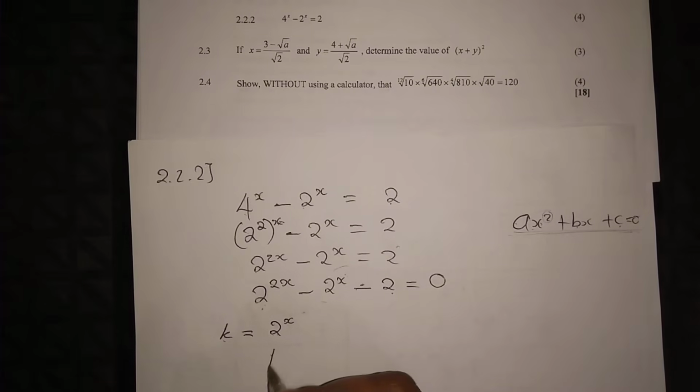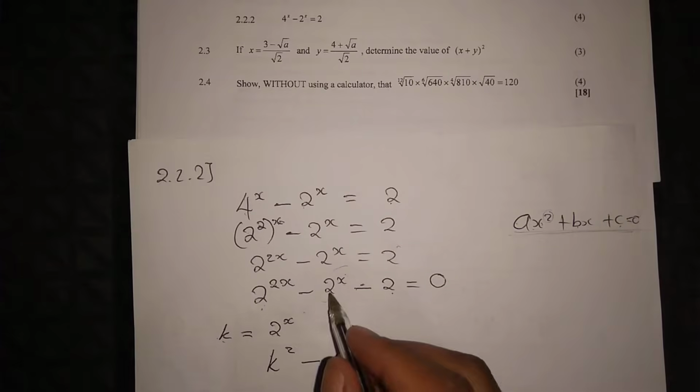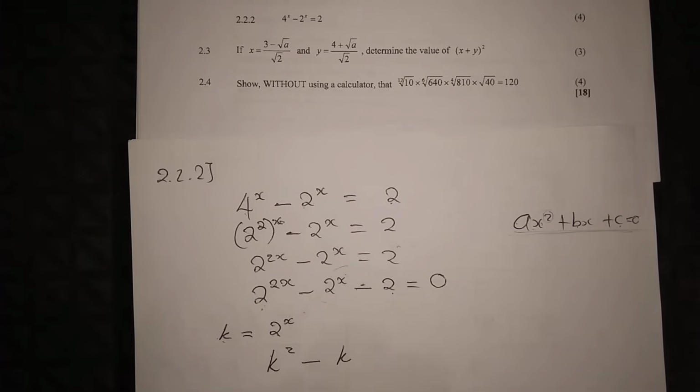So check, if I put K here, it becomes K squared, because 2 exponent x times 2 exponent x. So it's minus K and then minus 2 equal to 0.